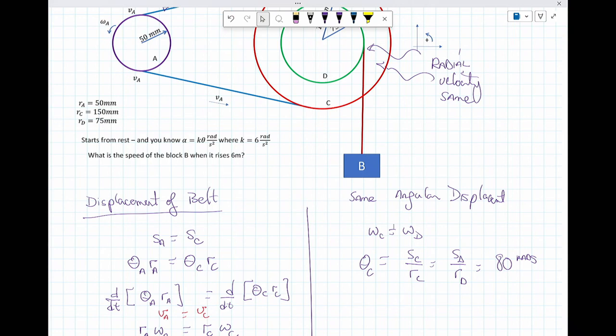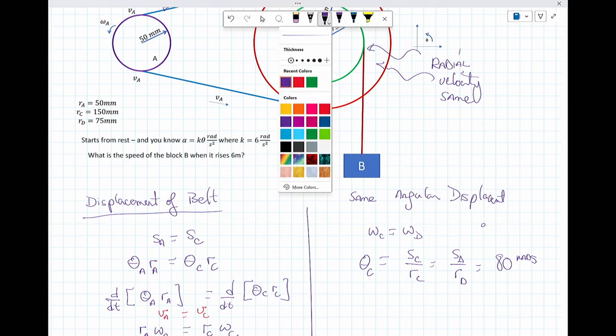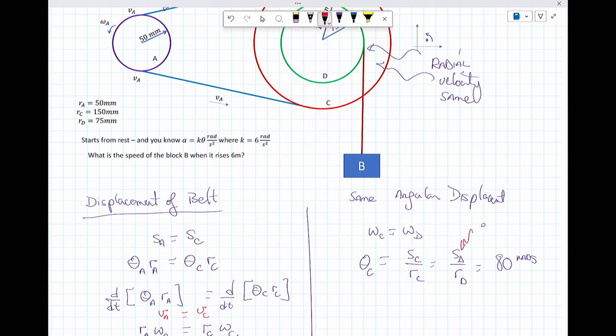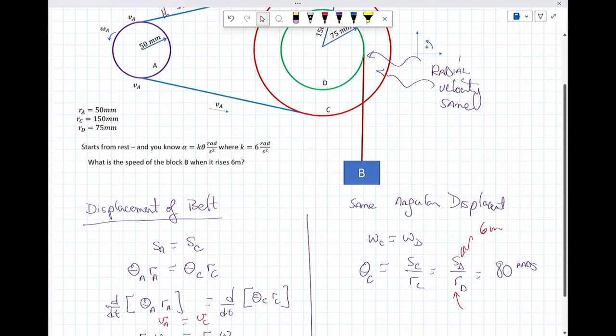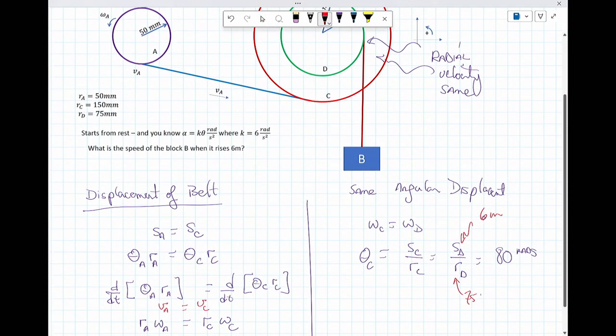That's that K value, 6 meters. And this is 75 millimeters. All right, so you're given enough to work out what the angular displacement of C is.